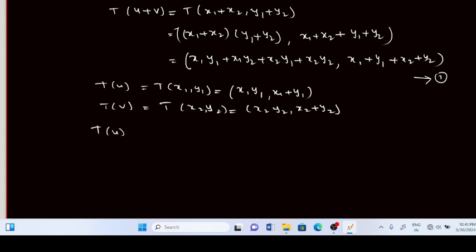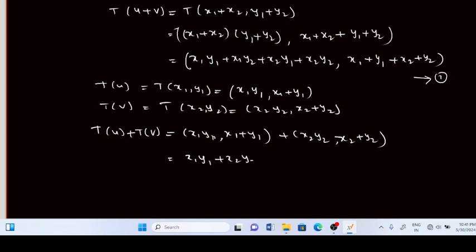T of u plus T of v equal to (x1 y1, x1 plus y1) added with (x2 into y2, x2 plus y2). So if we add, we get (x1 y1 plus x2 y2, x1 plus y1 plus x2 plus y2).